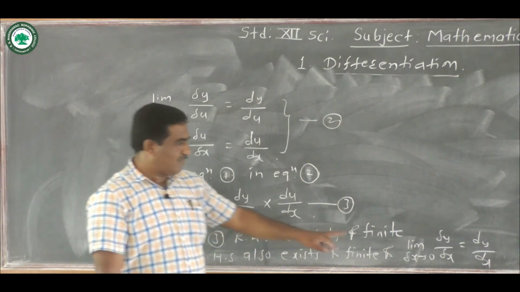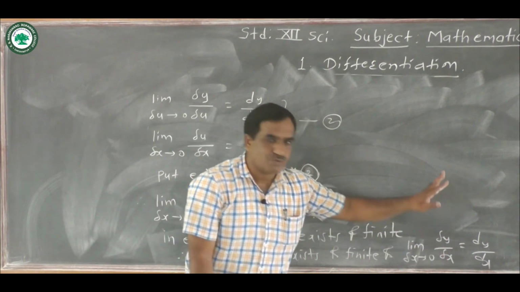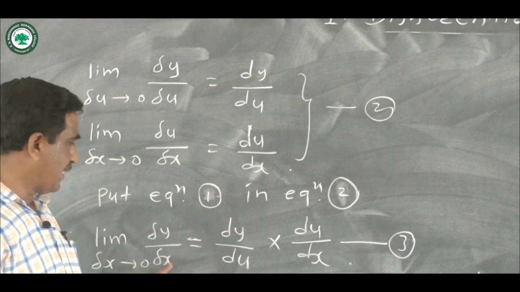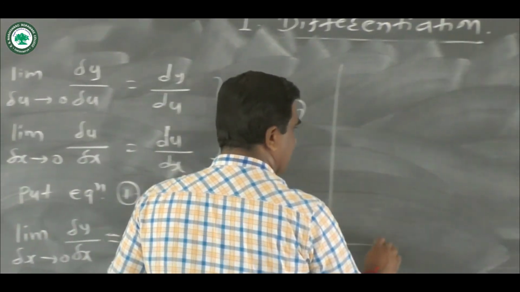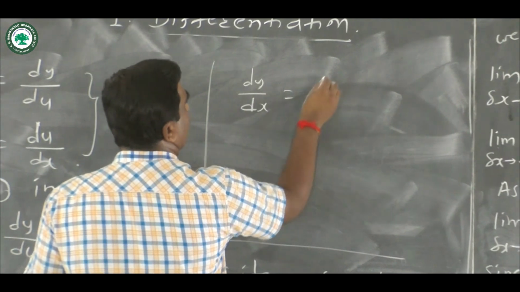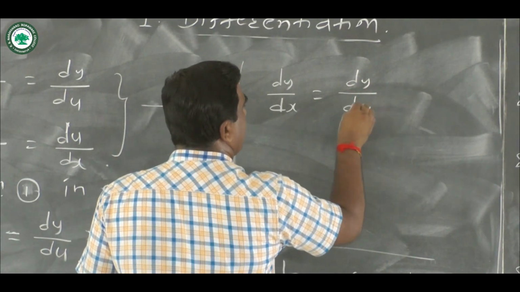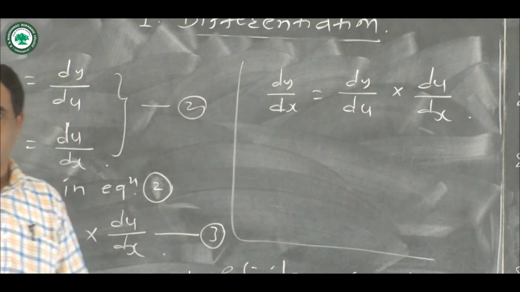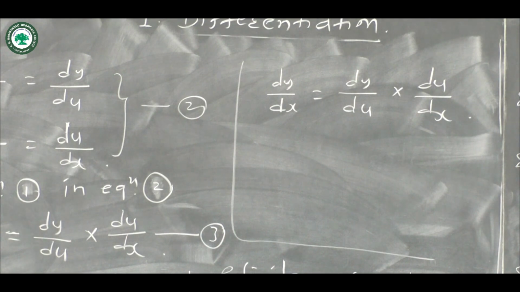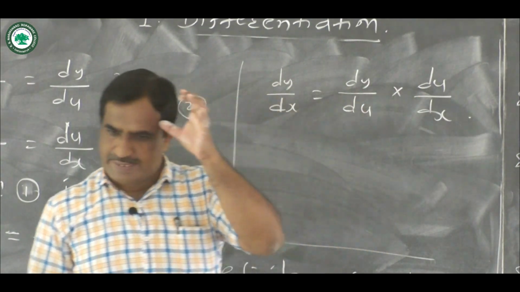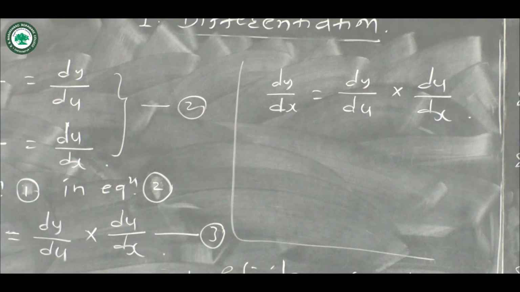Now put this value in equation third. Then we can write equation third as dy upon dx is equal to dy upon du into du upon dx, and this is the proof of our theorem. This is called the composite rule or chain rule.